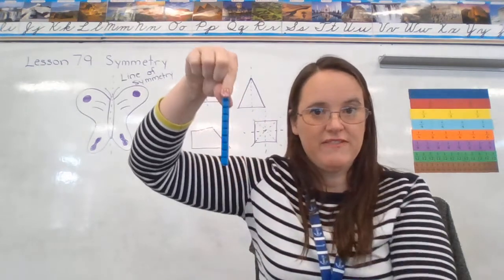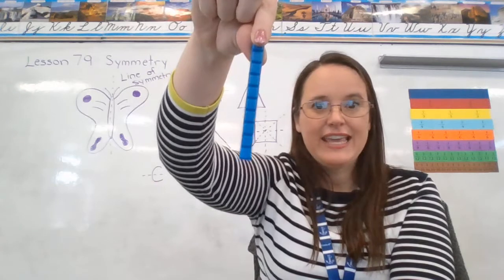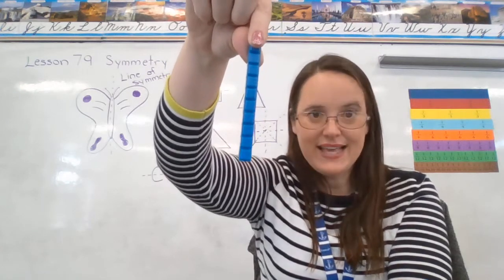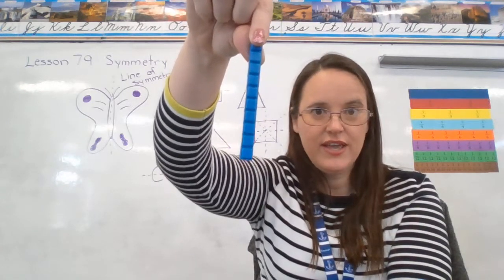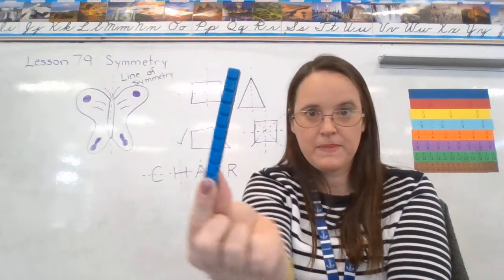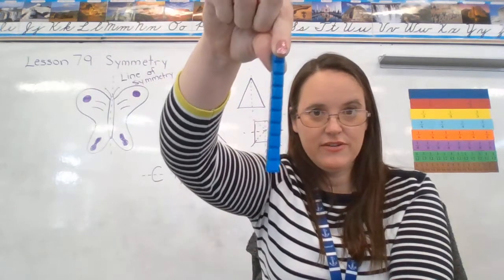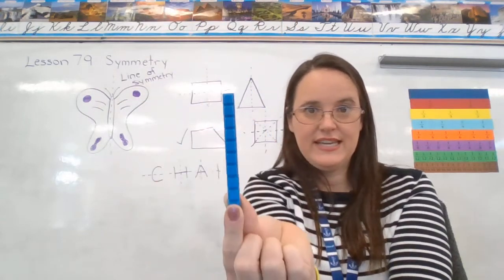But now, keeping my finger on the top, here's the starting position, straight up and down. Can I turn this less than a full circle and have it line up with itself again? Yes. We went from here to here.